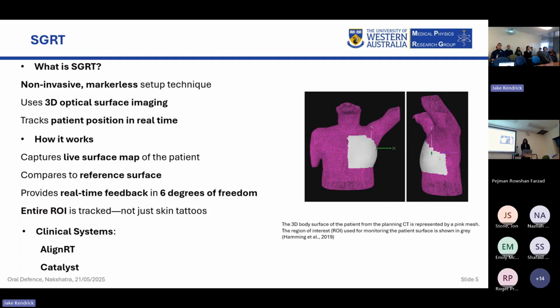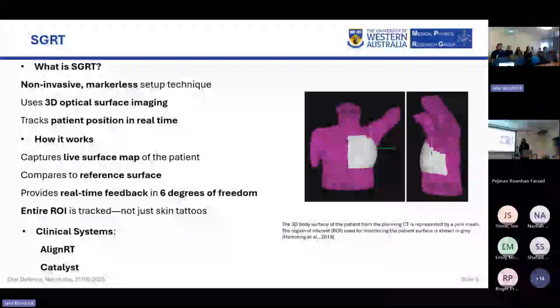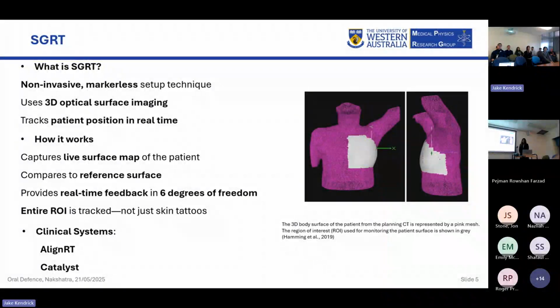Now, surface-guided radiotherapy, or SGRT, is a non-invasive imaging technology that uses 3D optical surface imaging to track the patient's position in real time. The system captures a live surface map of the patient and compares it to a reference generated from the CT or the live camera itself in the room.